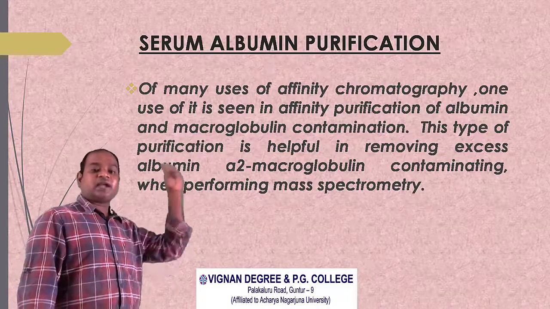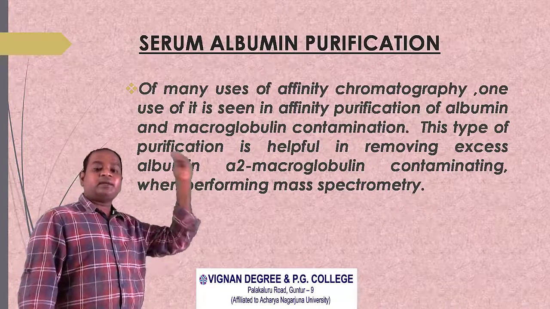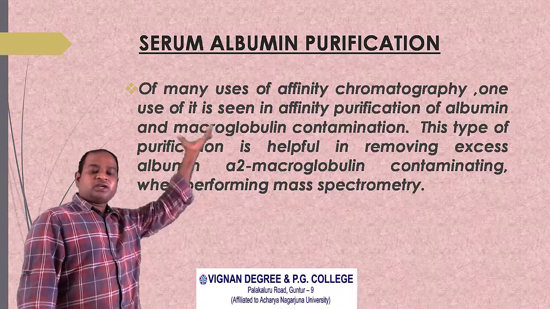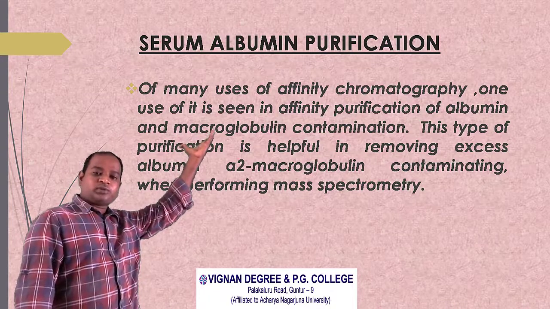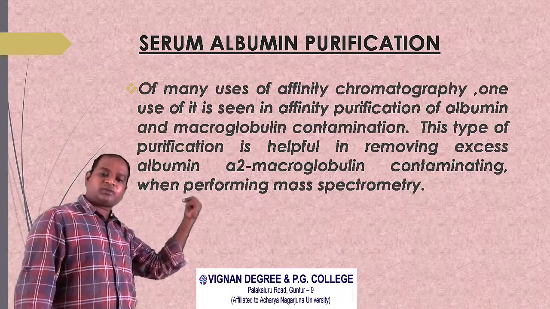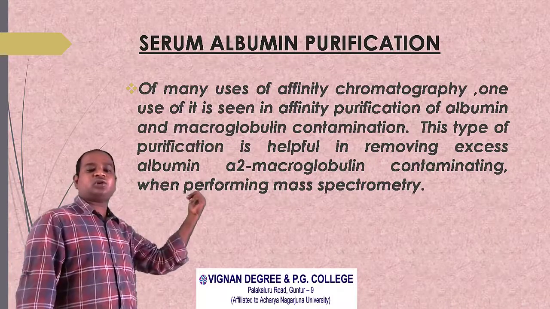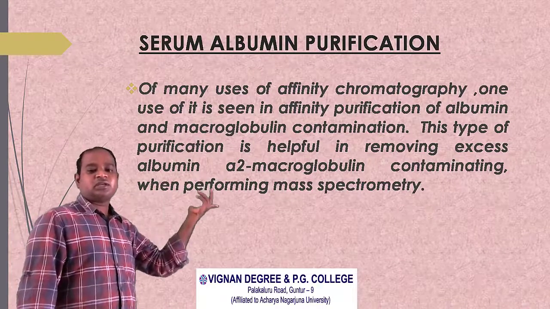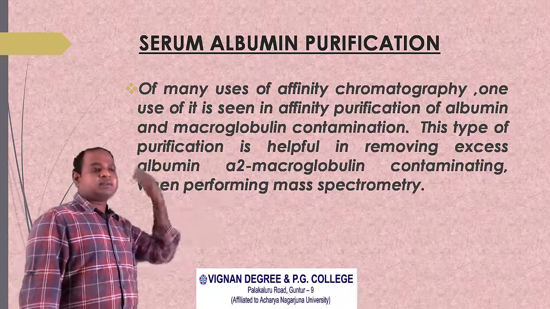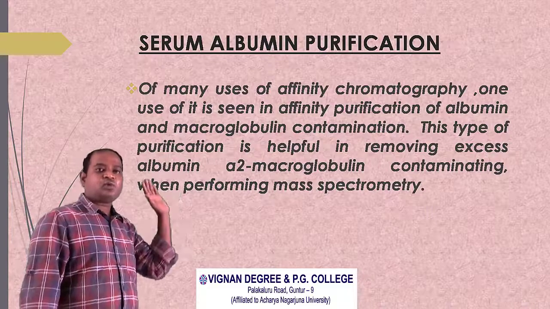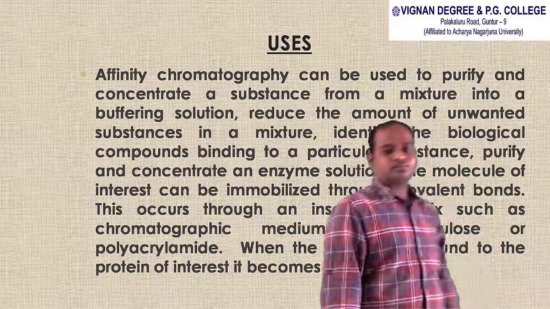If you add the respective binding molecule to the stationary phase, the albumin you want to separate will bind to it. If it is not the respective molecule, it will not bind. In this way, you remove the unwanted molecules and separate the respective albumin.